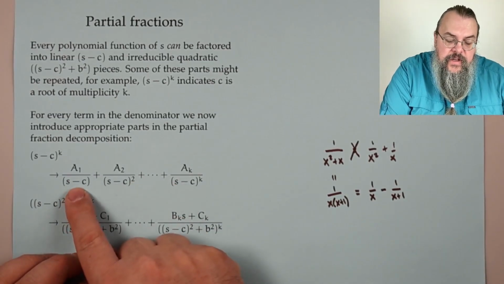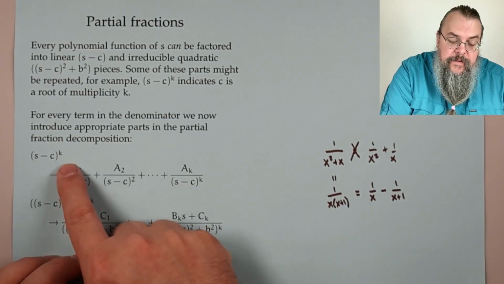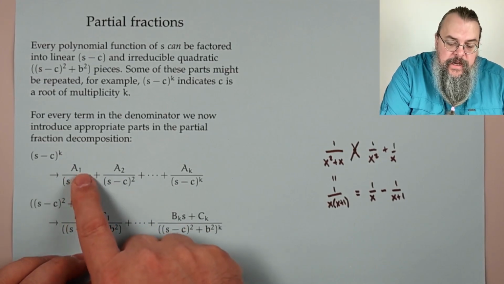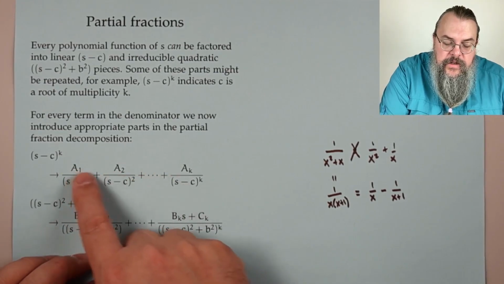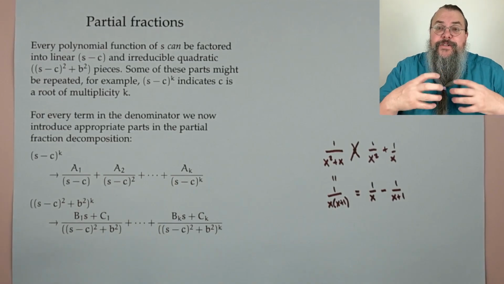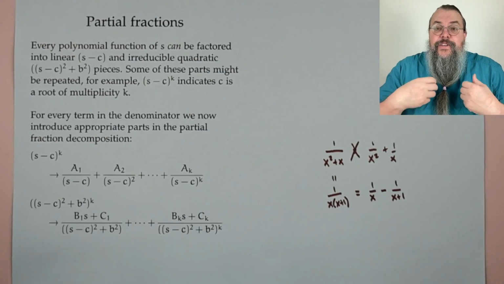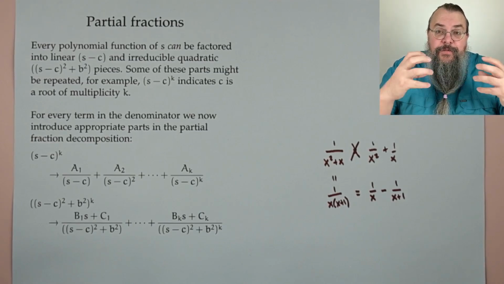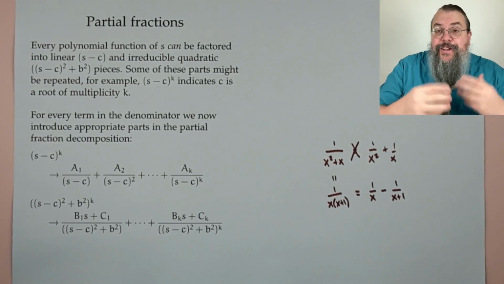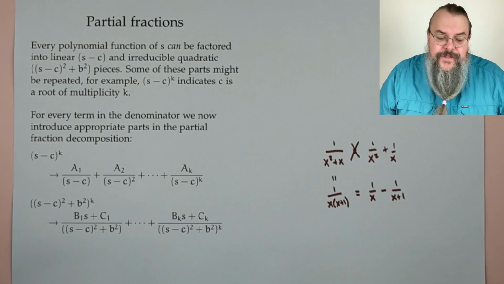So s minus c squared, all the way up to s minus c to the power k. And you'll notice we have some unknowns, a1, a2, up through ak. In essence, partial fraction says it can pull apart for the right choices, and you say, okay, let's see what the form is, and then we make the right choices. Very similar to how we did undetermined coefficients.